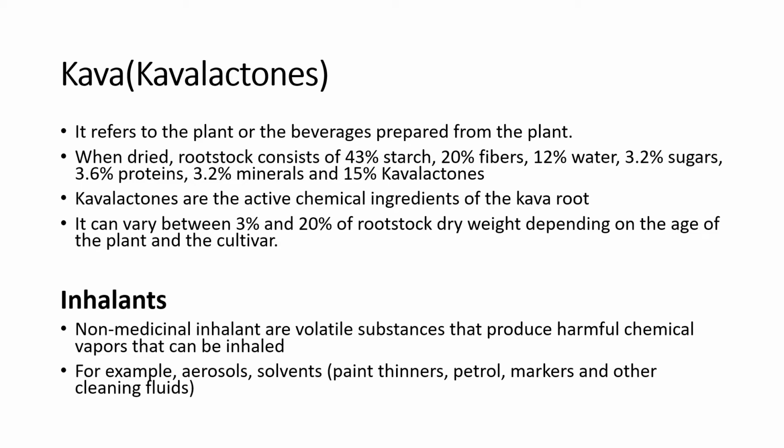When dried, the rootstock consists of 43% starch, 20% fibers, 12% water, 3.2% sugars, 3.6% proteins, 3.2% minerals, and 15% kavalactones. Kavalactones are the active chemical ingredients of the kava root. It can vary between 3% and 20% of rootstock dry weight depending on the age of the plant and the cultivar.